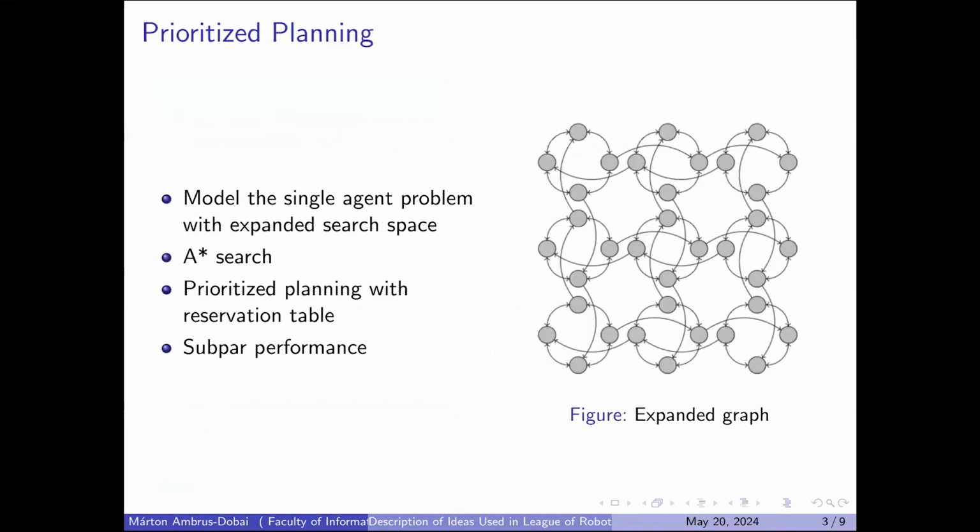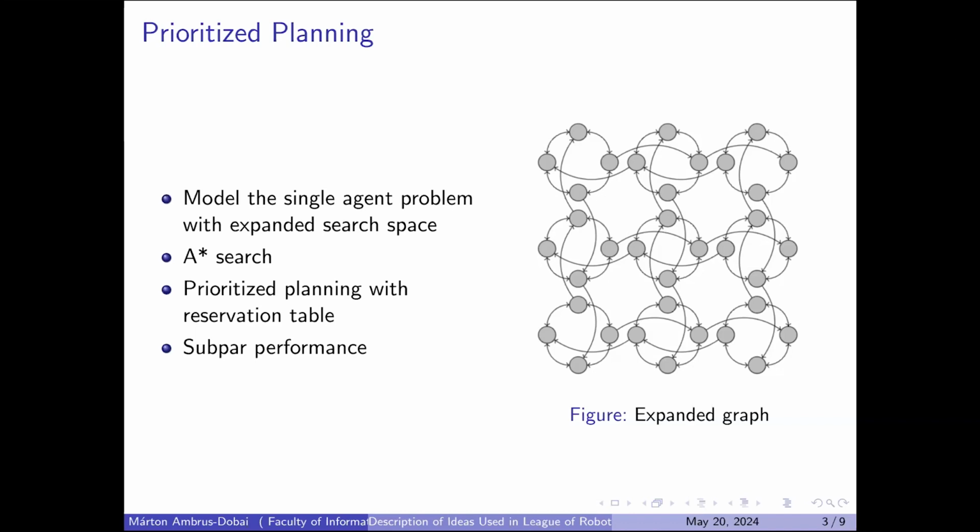So for first, I tried to solve this problem by modeling the agent actions into the search space. Instead of creating one node for every cell in the map, I created four nodes, which represent the orientation of the agent, and so in this case, all the actions can be represented by edges in the nodes.